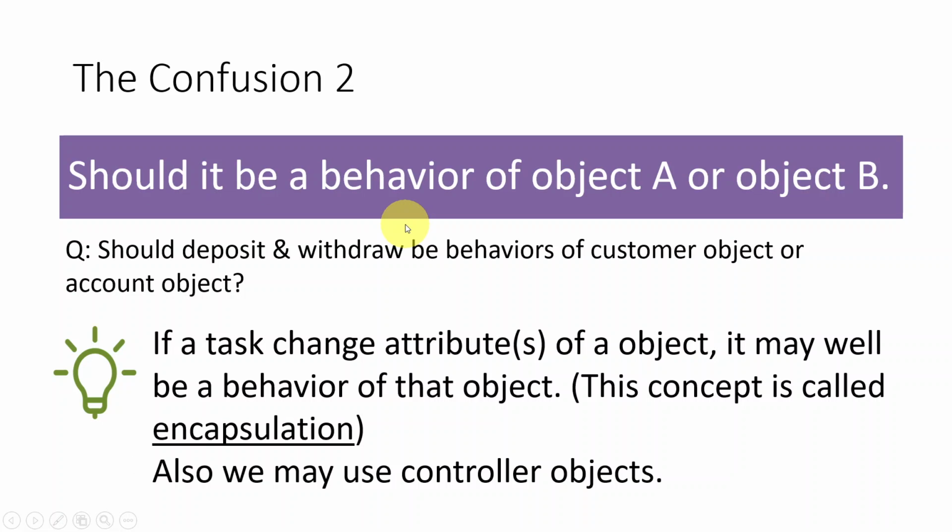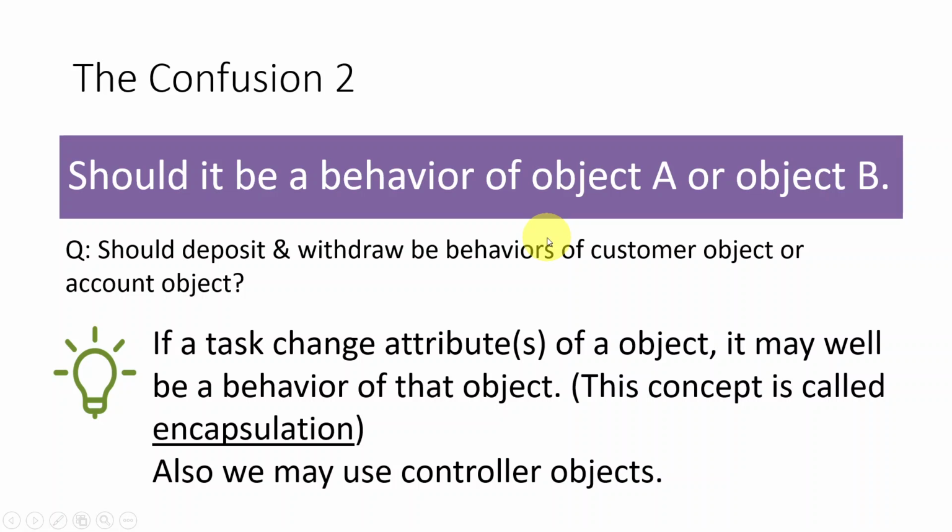Another possible confusion is, should it be a behavior of object A or object B? So let's take an example again. Say a customer can deposit money to his or her bank account. Now the question is, should the deposit be a behavior of the customer object or should it be a behavior of the account object?